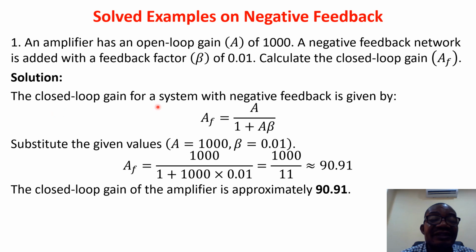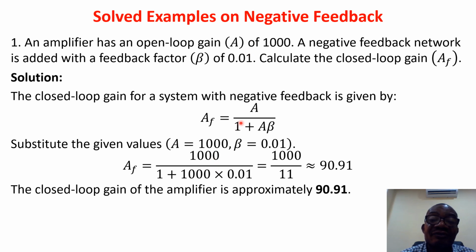The closed loop gain for a system with negative feedback is given by AF is equal to A divided by 1 plus A beta. So when we substitute the values, we know that the open loop gain A is 1000.